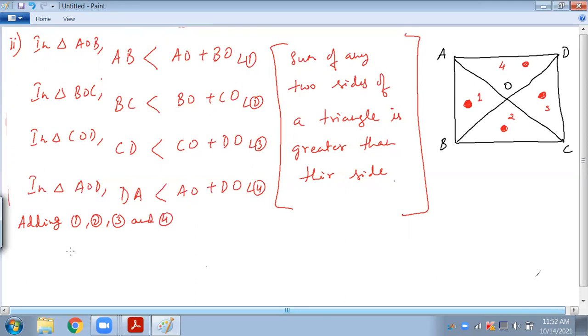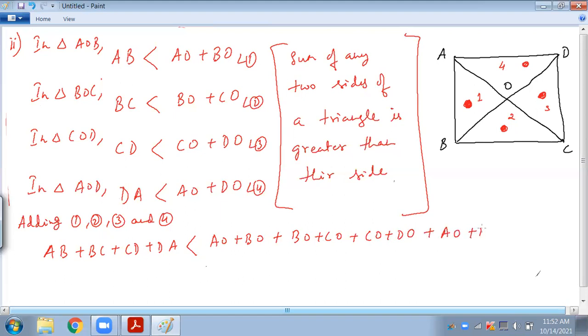Now if you add these four equations together, on the left hand side, what will we get? All the left hand sides will add with the left hand side, all the right hand sides will add with the right hand side.